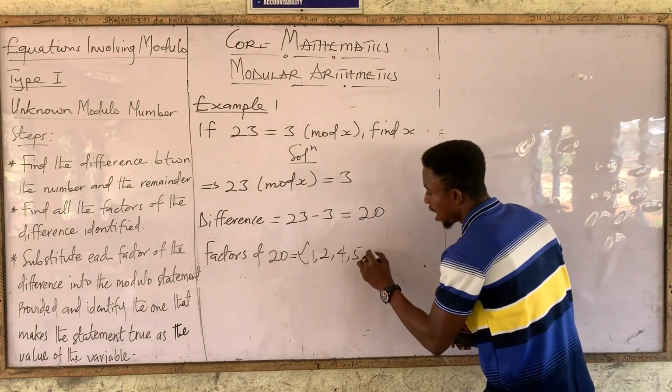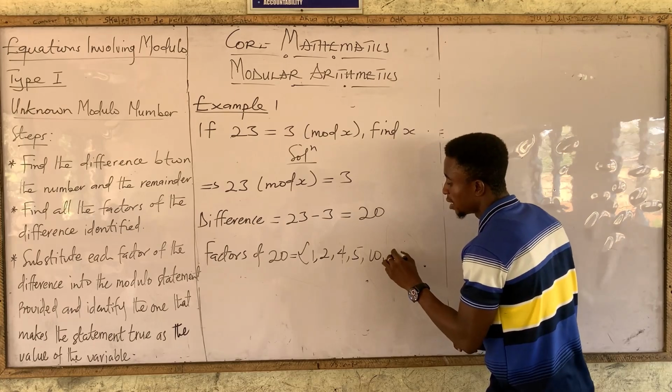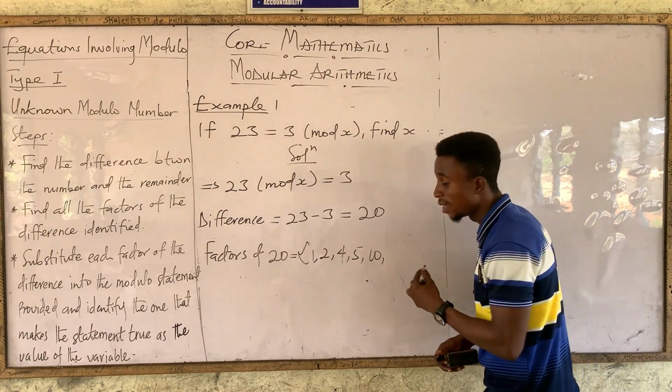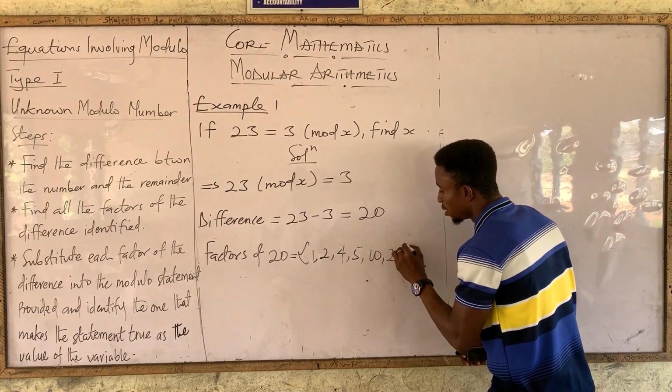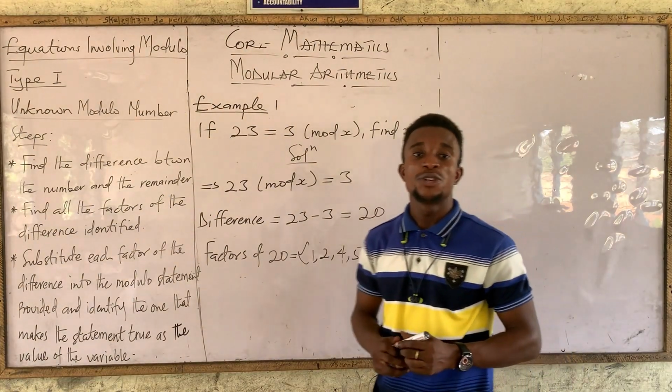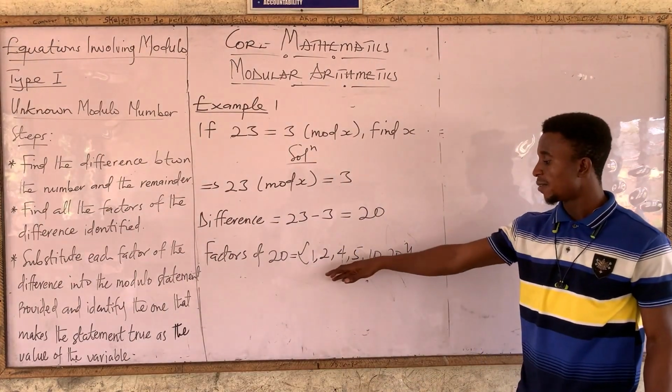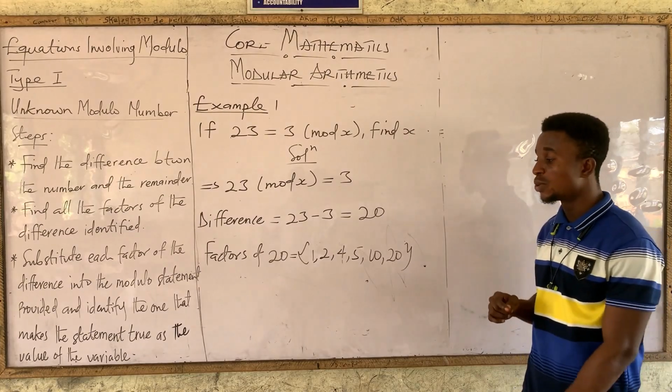Then I have 10, and 20. I'll bring videos on how to find factors, very soon. So these are the factors of 20.